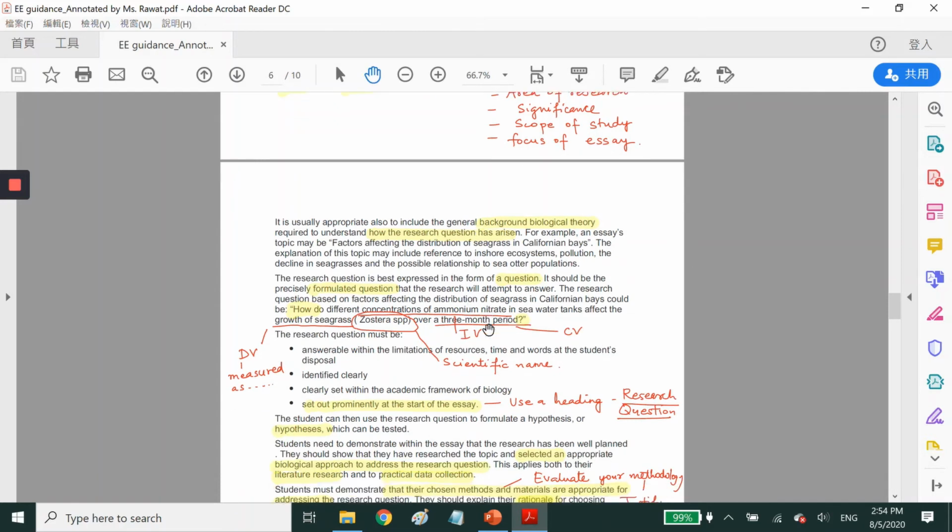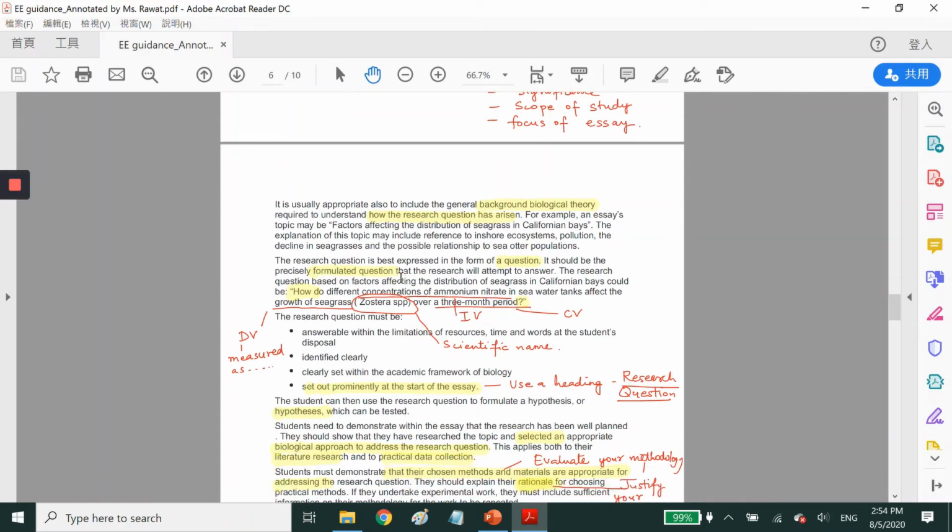And then when you construct your research question, first of all, you need to make sure that it's in question format. Secondly, you need to mention your IV and your DV, and include some CVs in your research question. It will be good to mention how you measure the DV, so a more specific RQ.